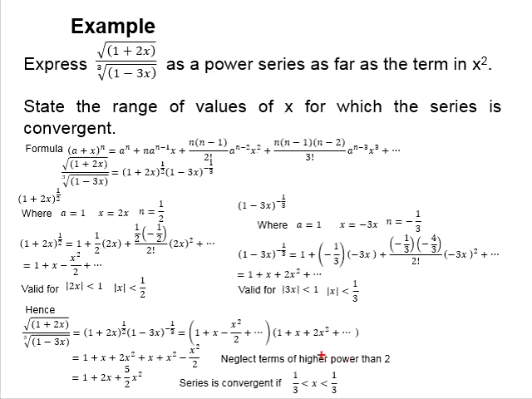Terms higher than power of 2 are neglected, as required by the question here. Based on the valid ranges, modulus x less than 1/3 is more stringent. With that, the series is considered convergent for the range of the more stringent condition.